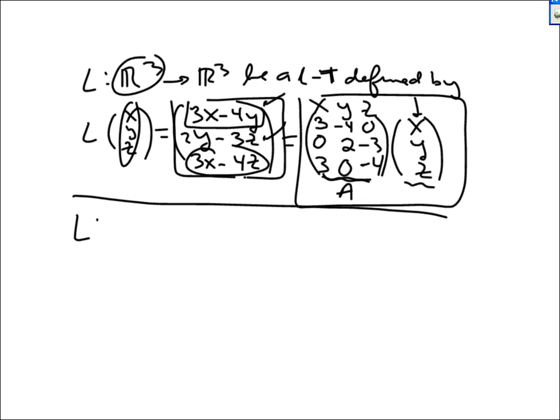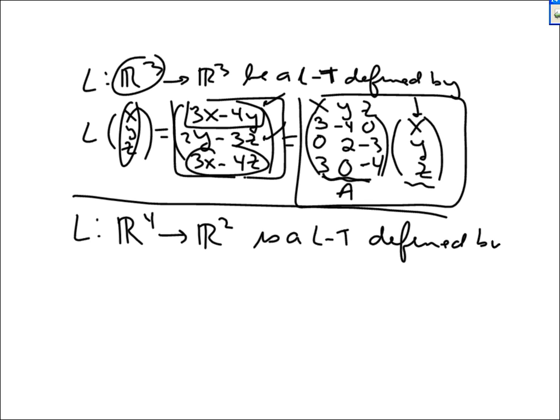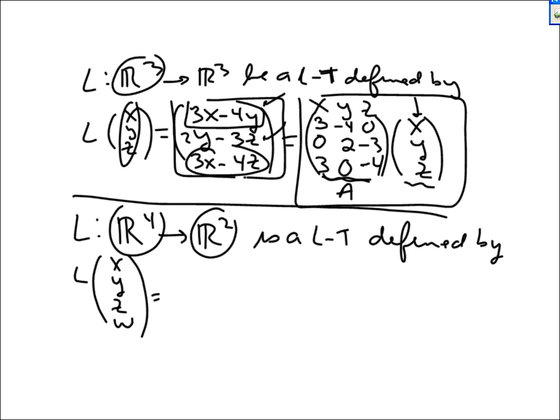So let L be a linear transformation that goes from R4 into R2, defined by L of x, y, z, w, and I'm going to get something in R2.